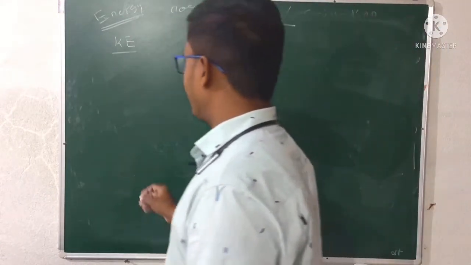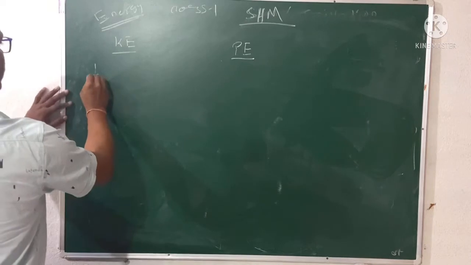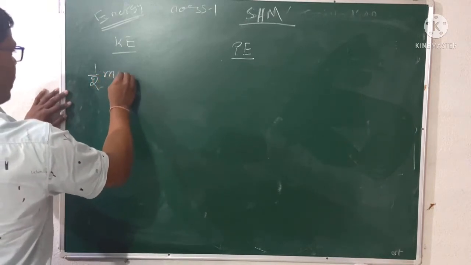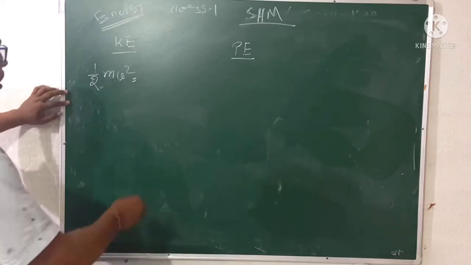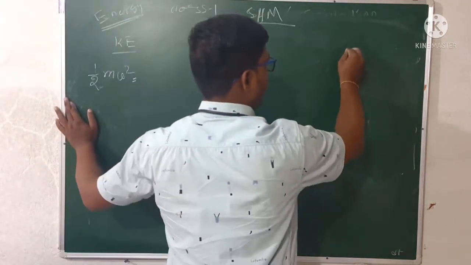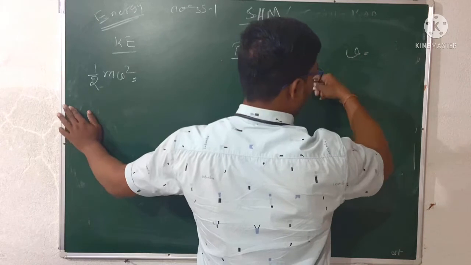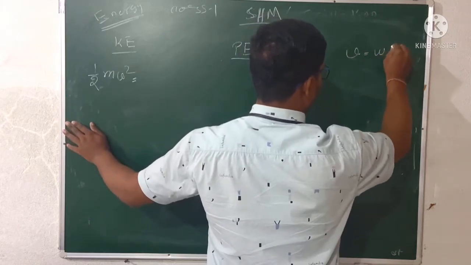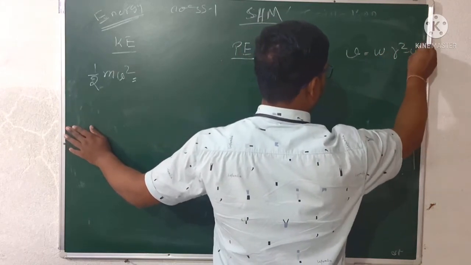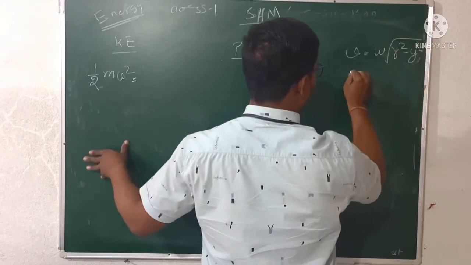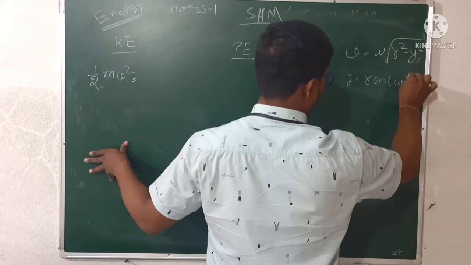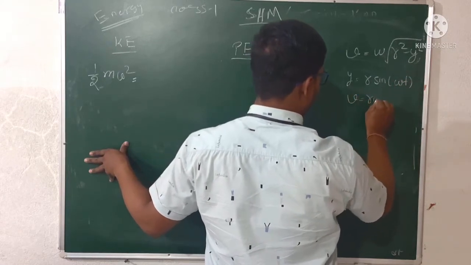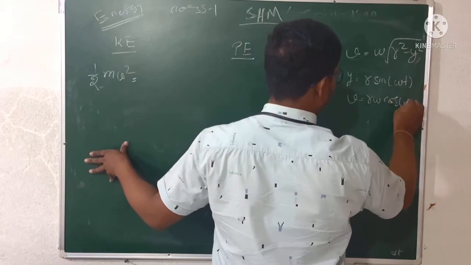So what is kinetic energy? Remember, the kinetic energy formula is half m v square. What is the expression of v? Previously we have discussed that v equals omega into root of r square minus y square. What is y? y equals r sin omega t. What is velocity? This is r omega cosine omega t.